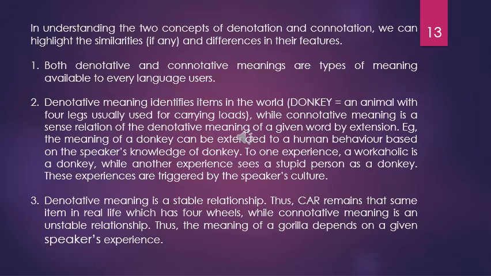Thirdly, denotative meaning is a stable relationship. Thus, a car remains the same item in real life which has four wheels, while connotative meaning is an unstable relationship. Thus, the meaning of a gorilla depends on a given speaker's experience.